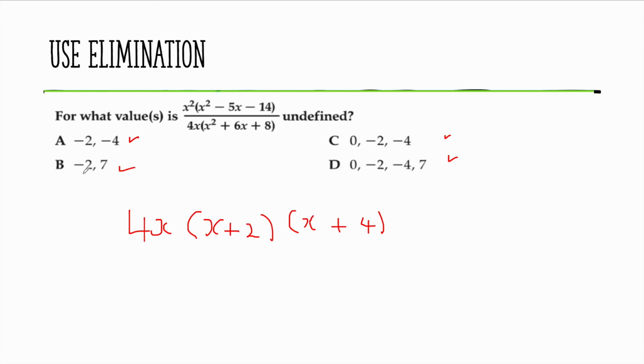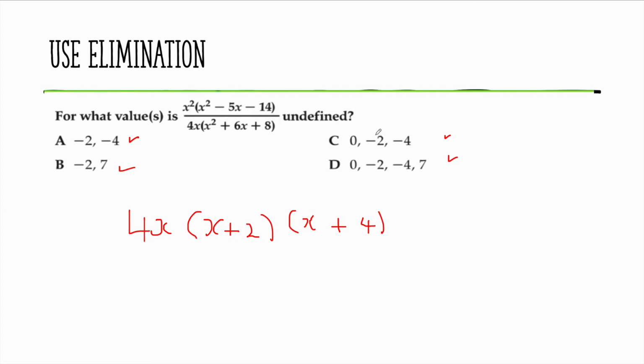The second one, b, does not work because we have 7. And here we see that we don't have 7 in our expression. So 7 does not give us 0. So b and d are eliminated because they have 7, and 7 does not affect our expression. Okay?